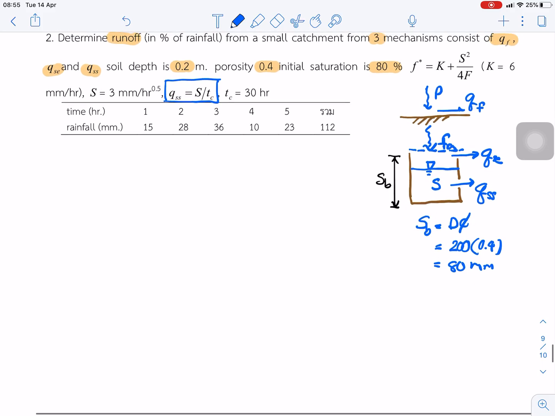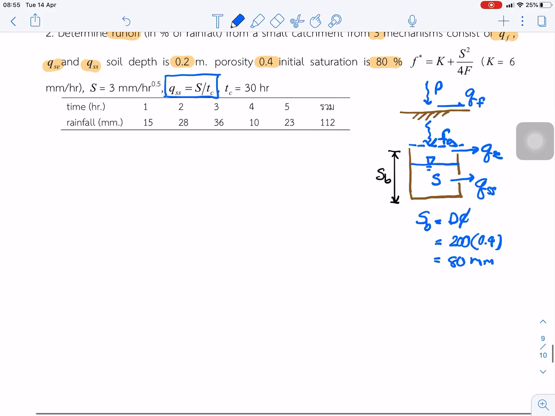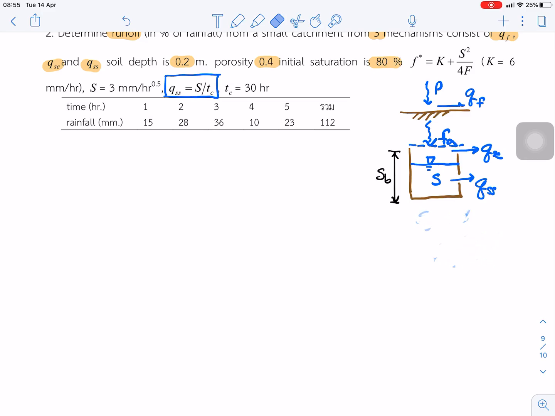We can start the next step. We have to draw a table to do the calculation, so I need space for calculation.